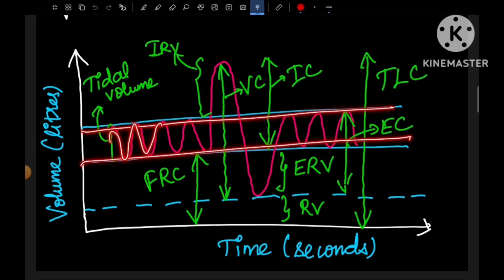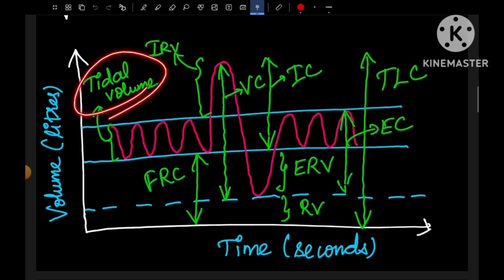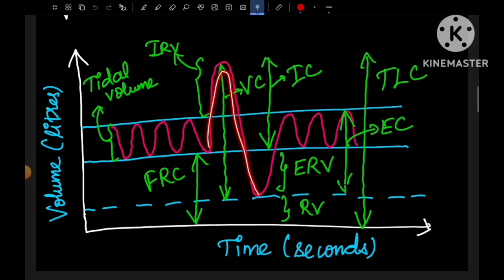Next we are marking something in between these reference lines, that is the tidal volume. And next there is one peak and one low point, which is nothing but the inspiratory reserve volume and the expiratory reserve volume. And here also we are drawing a dotted line, which is used to denote the residual volume.